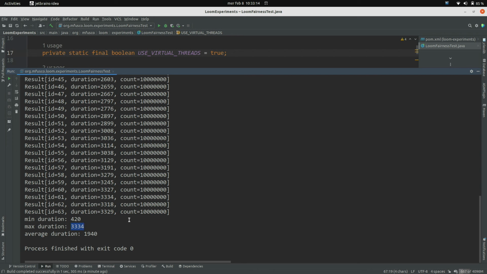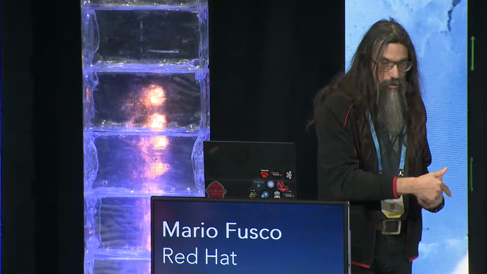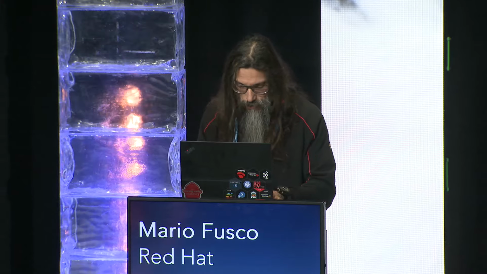No, it's just because fairness has a cost, of course, okay? With native threads, you have preemption that gives you fairness, but to have this you have to do many more context switches, which are in kernel space, by the way, for native threads. So with native threads you have fairness, but fairness also has a computational cost, okay?